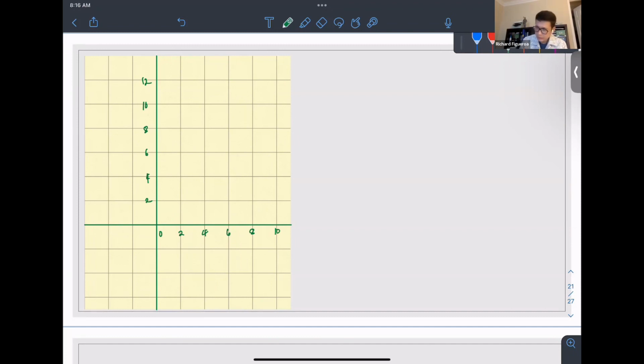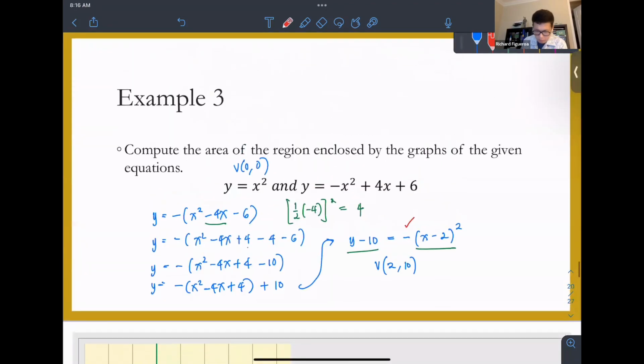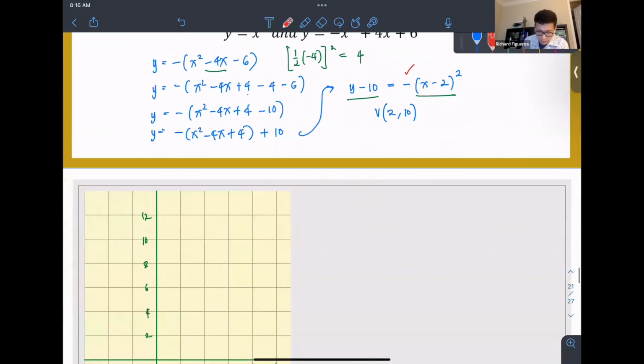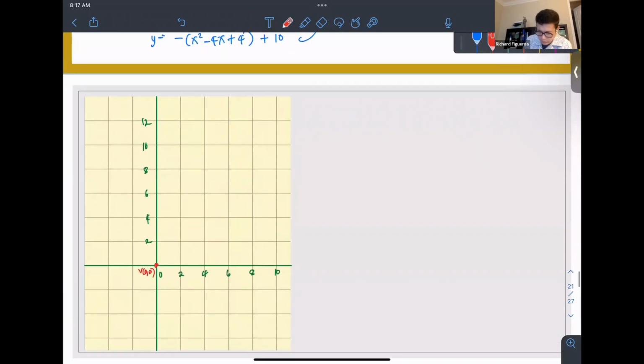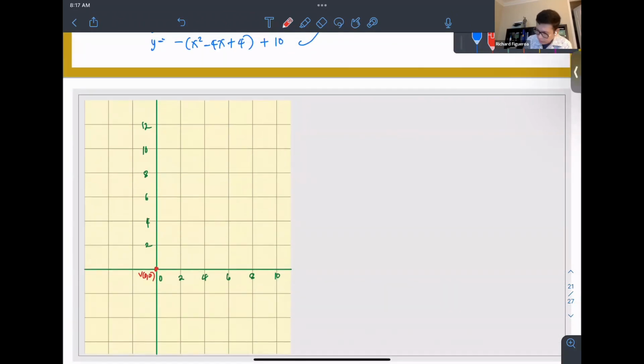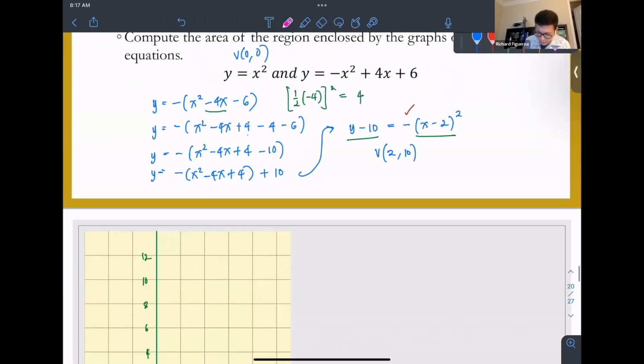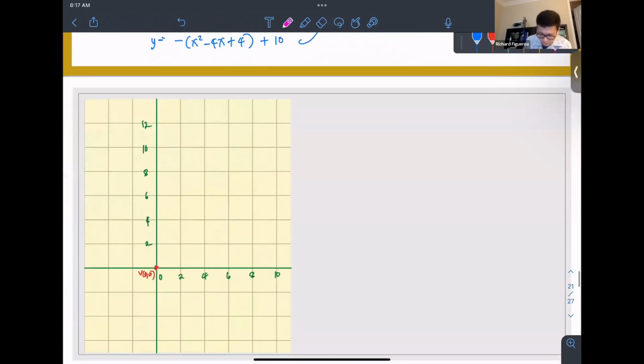So I'll be using the red for y is equal to x squared. So this would be that vertex, (0, 0). Then for the other, which is (2, 10), this is positive 2 for x and 10 for y.